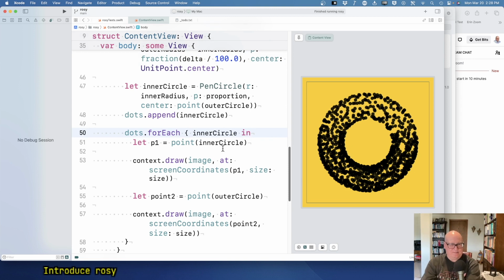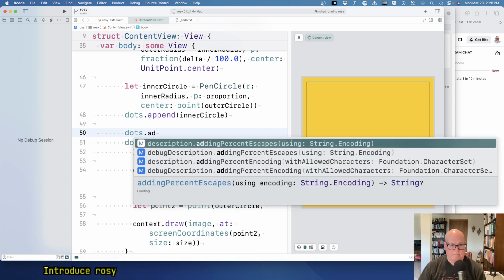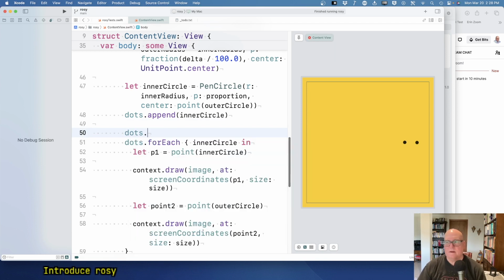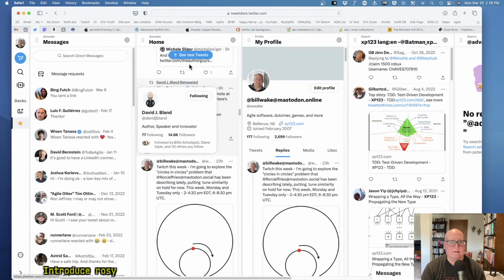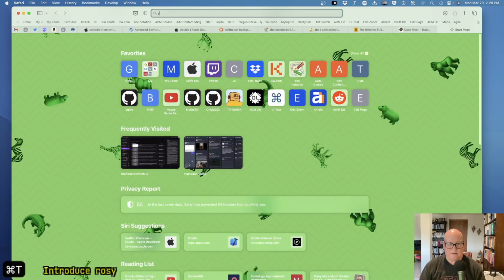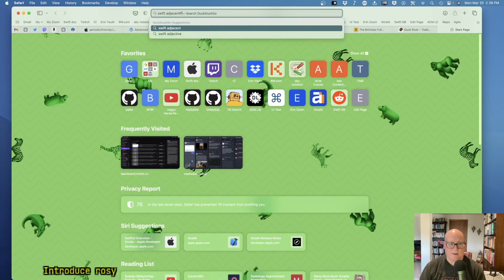Now, one way to do it is adjacent pairs. Okay. I know this is Swift adjacent pairs.